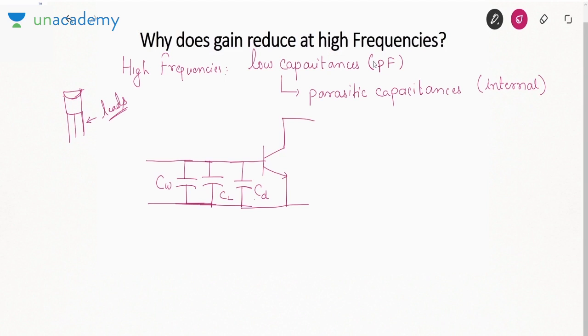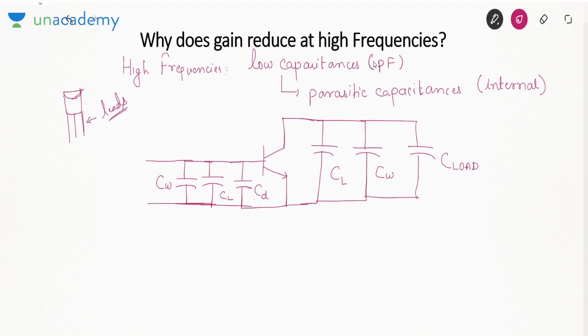Similarly, between collector and emitter also we will have lead capacitance, we will have wire capacitance, we will also have the load capacitance. Load capacitance means the capacitance of load connected at the BJT. Now suppose BJT is driving another BJT. Okay, suppose I have connected 2 BJTs.